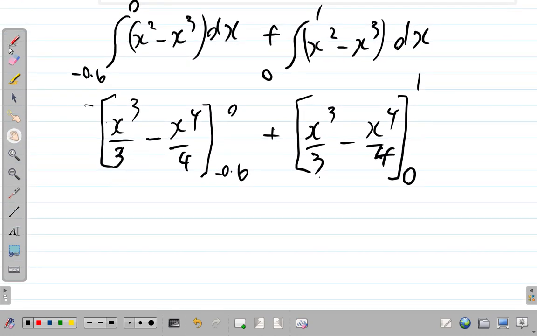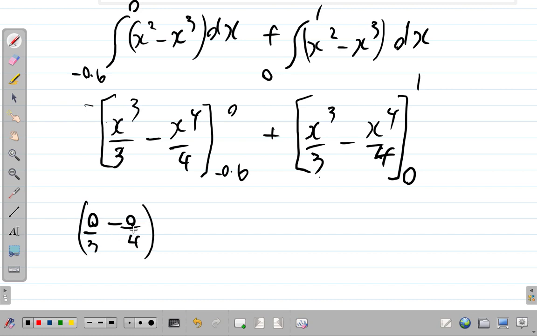This is 0 cubed over 3 minus 0 to the 4th over 4, which is just 0.